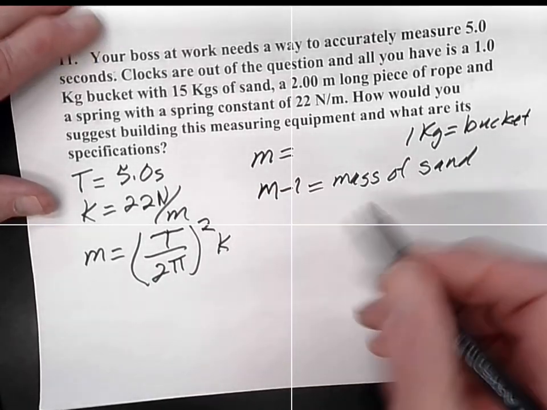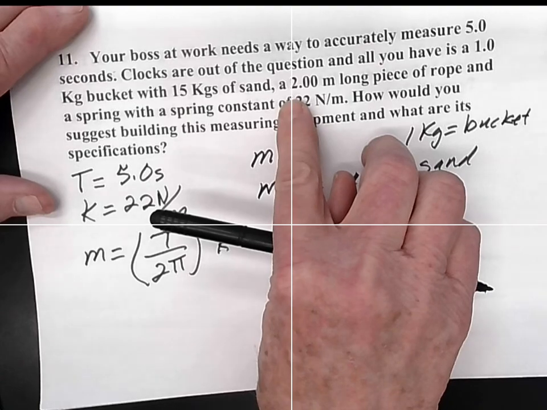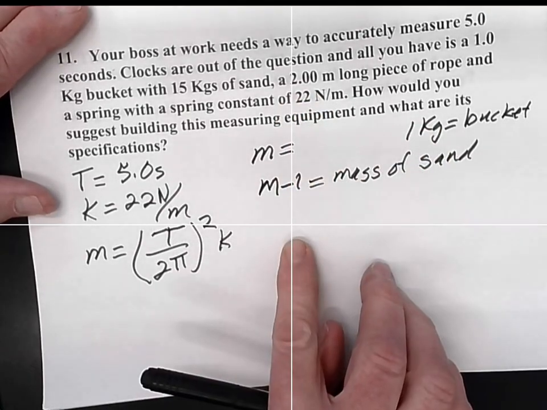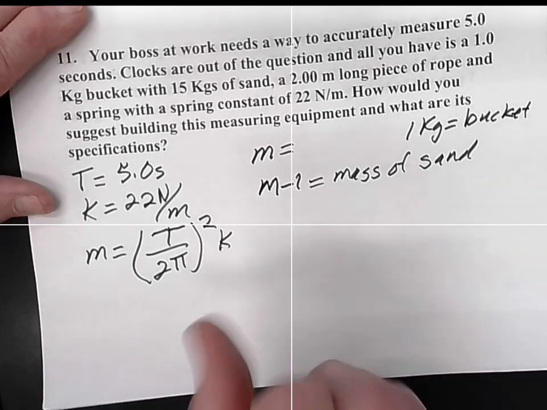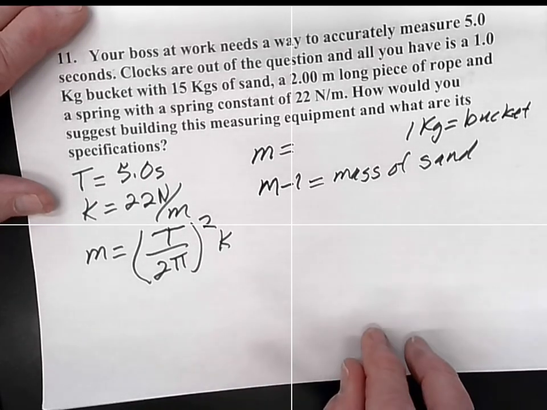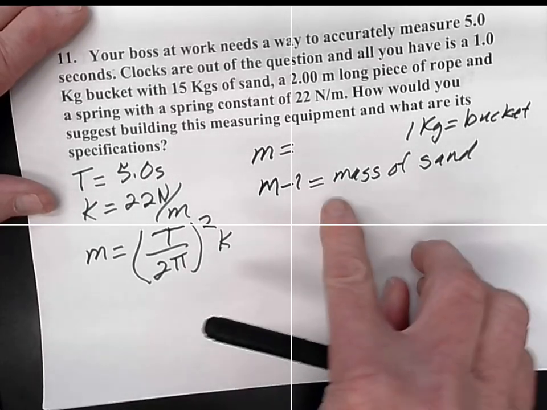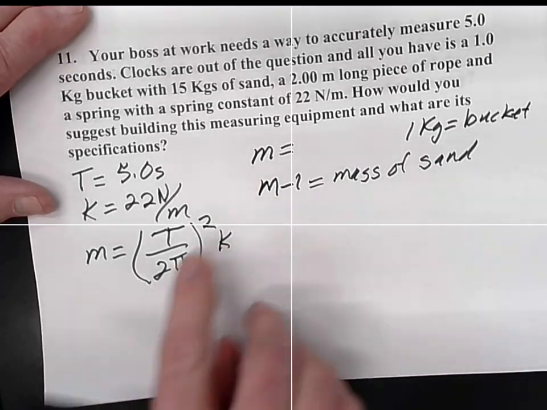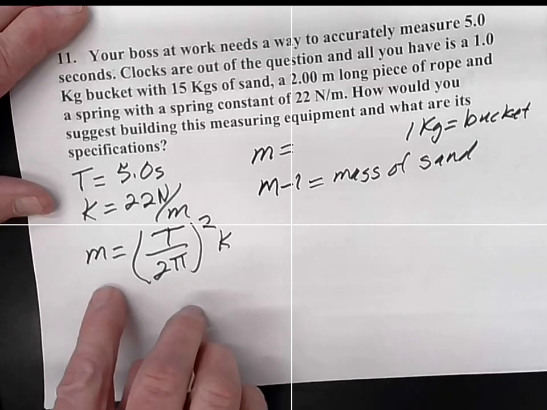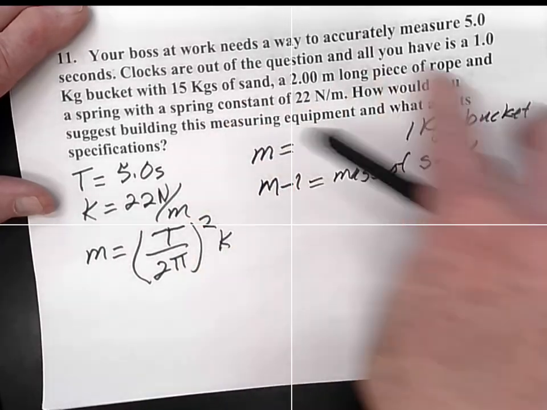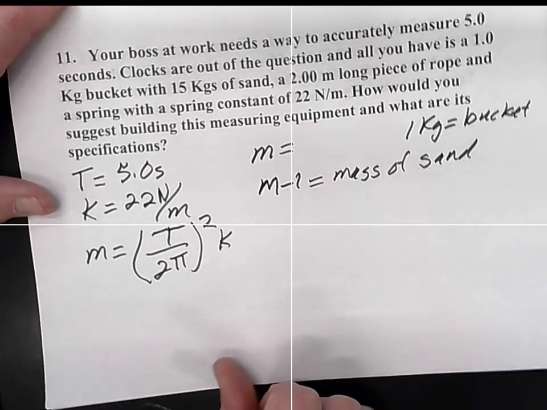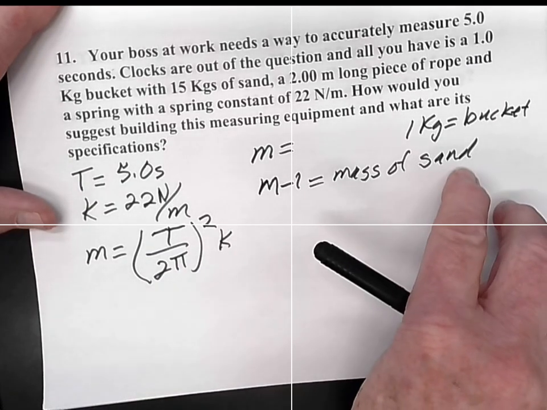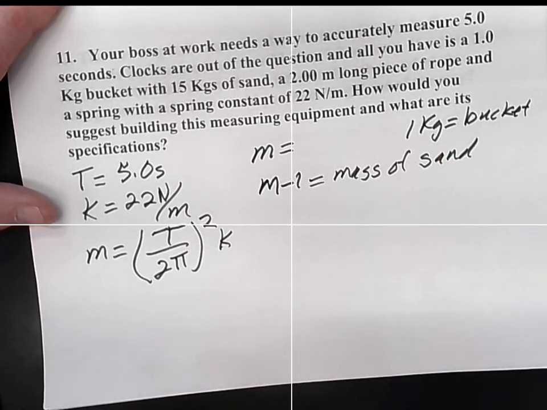So you're going to have to tie the rope onto the tree, and then hang the spring from the rope, and then hang the bucket from the spring, and then you're going to have to add the right amount of sand until you get the right mass, which you found earlier. So when you find the mass, then you have to fit it into this account here, and you're going to give a description of what you would do to make that measuring equipment.